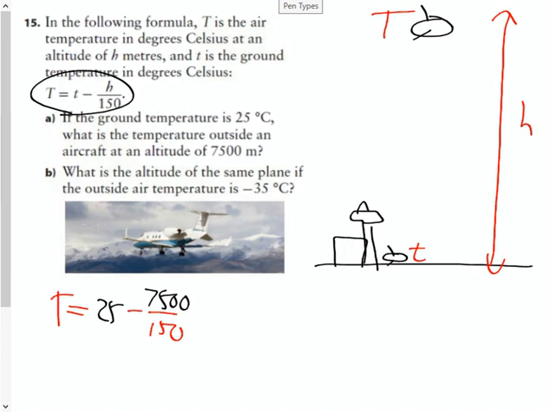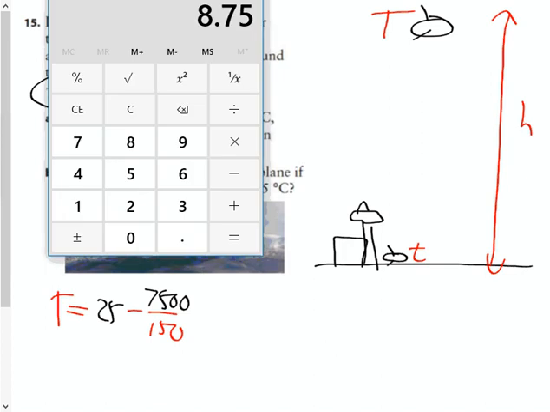So in A, it gives me 2 of the variables, and it does not give me the third variable. Am I going to need to use algebra to solve this? No, because T is already isolated. So I don't need algebra whatsoever. I just need BEDMAS. Am I going to subtract or do division first? Division. So I'll grab my calculator, what is 7,500 divided by 150? And the answer is 50.